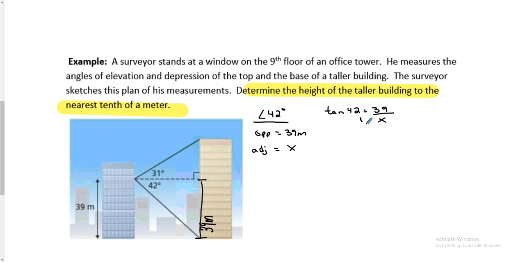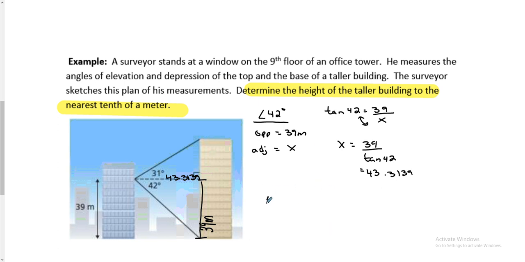We're going to swap these guys. 39 divided by tan 42 gives us 43.3139. That many. Because after that, it's just a bunch of 8s.